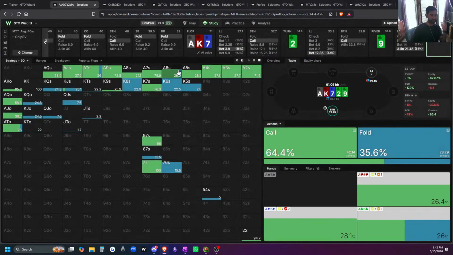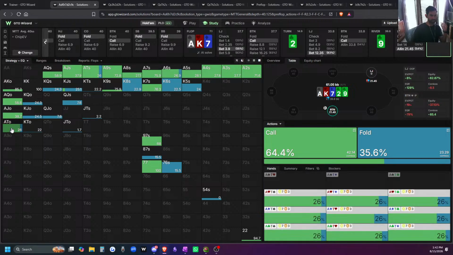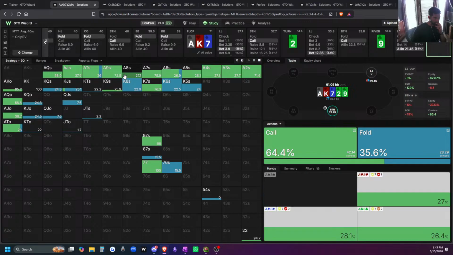So just to say it out loud for everyone, the solver wants the ace three, ace four, ace five. Those all perform better as calls because it unlocks their queen 10 and queen jack bluffs. That's why ace 10 is now indifferent, but the smaller ace-xs are calls. But in reality, I think most people just value their top pair linearly.